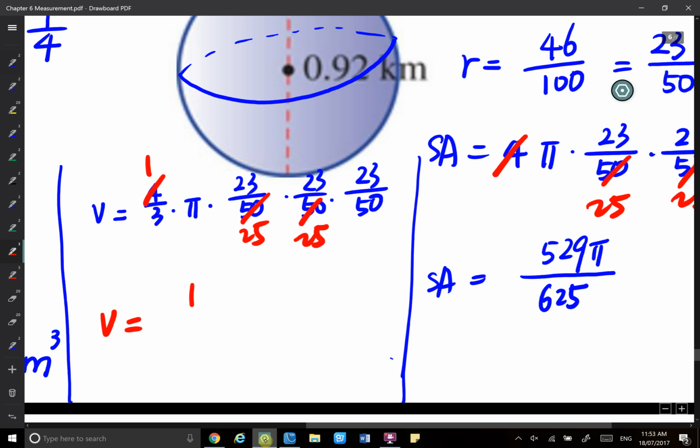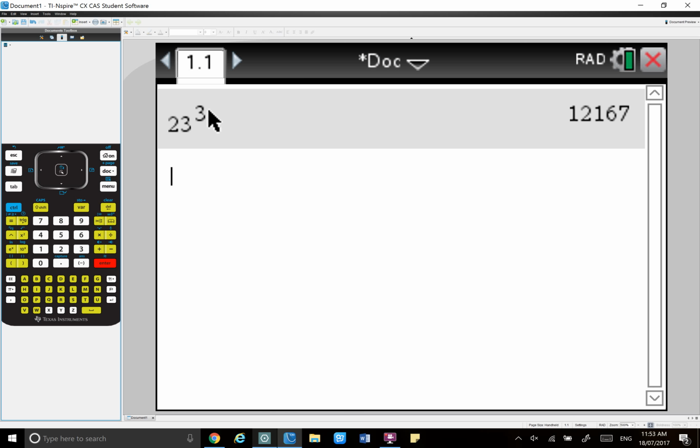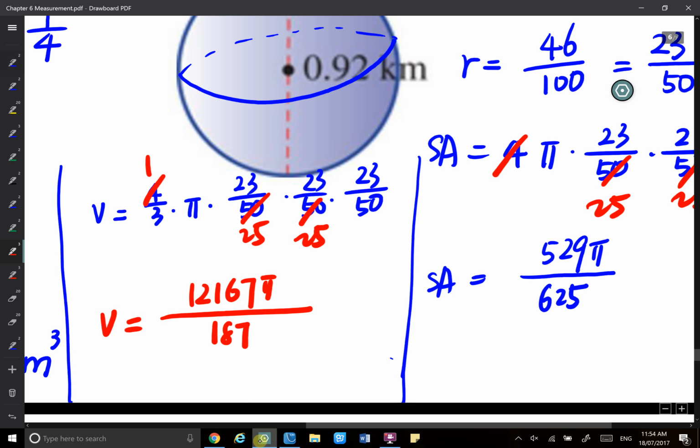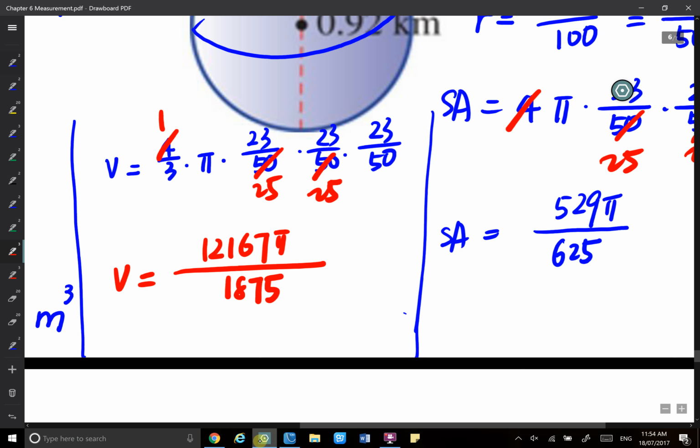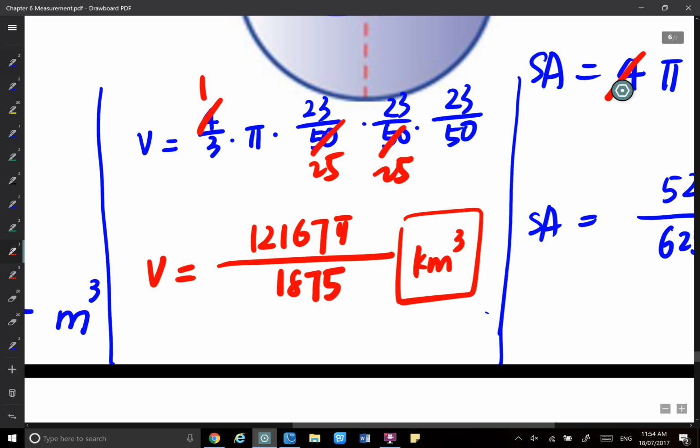V equals 12167 pi over 3 times 25 times 25, 3 times 25 squared, 1875. It's quite a complex number. It's kilometers cubed.